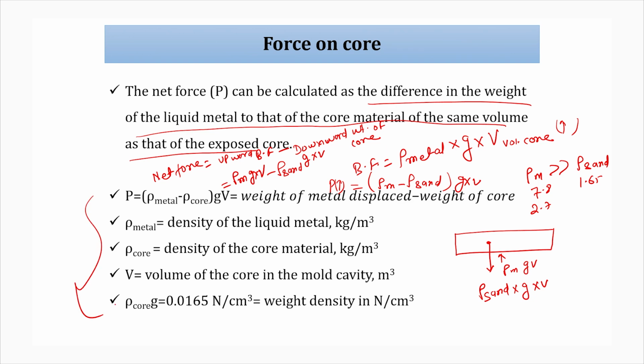Gram per cc, around that value. So rho m minus rho core is always positive because the density difference is higher, so its direction is always upward. How much force is acting?